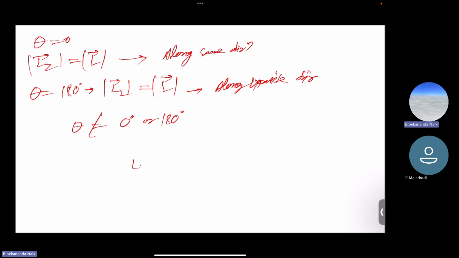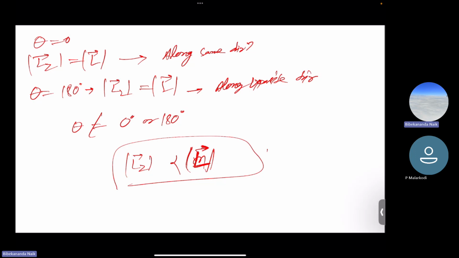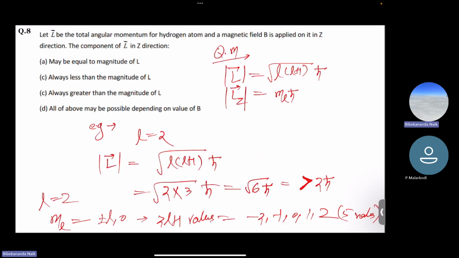That's why the Lz vector magnitude is always less than the L vector magnitude. So the correct option is option B, always less than the magnitude of L. Is this clear? Okay, sir.